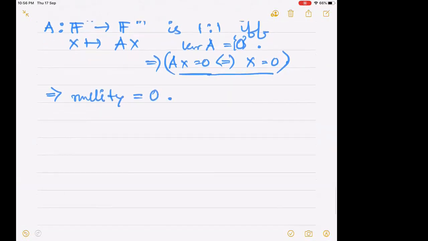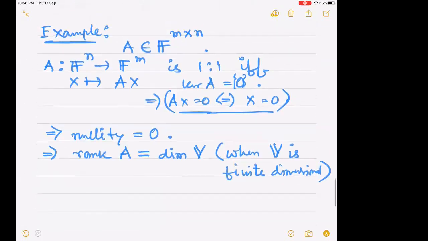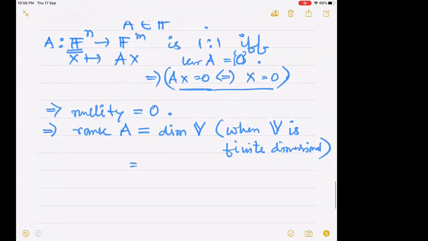This means rank of A, by the rank-nullity theorem, must be equal to the dimension of V when V is finite dimensional. But for matrices, V is this space, which is indeed finite dimensional. Its dimension is n. In this case, this is the dimension of F to the power n, which is in fact n. So rank of A is n.